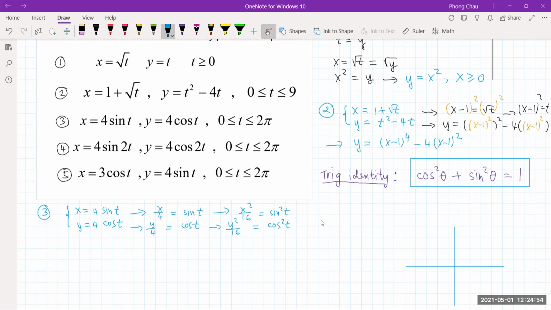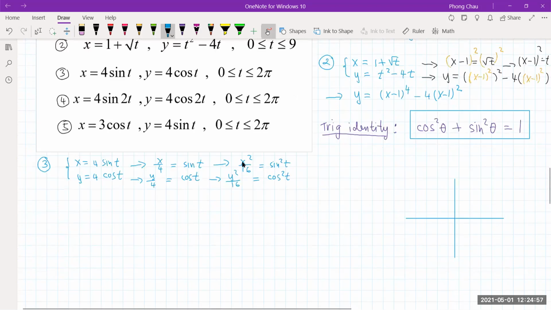Now, what if we add the two equations together? On the left side, x squared over 16 plus y squared over 16 equals sine squared plus cosine squared. And sine squared plus cosine squared is 1. Now I end up with this new equation containing no parameter t.